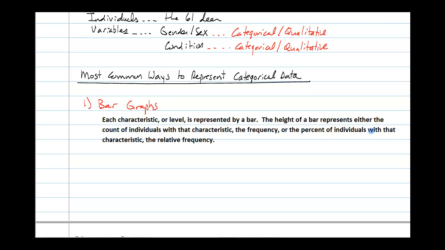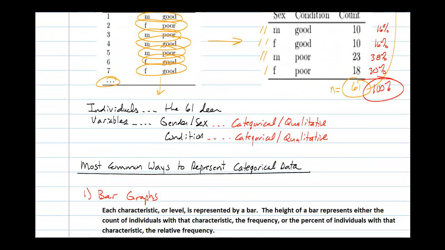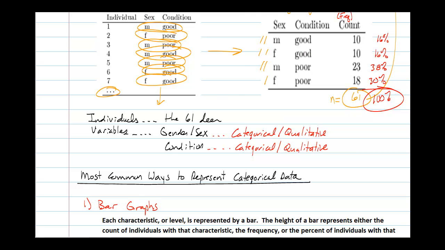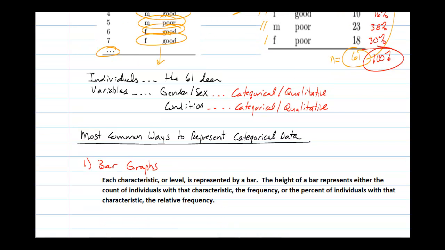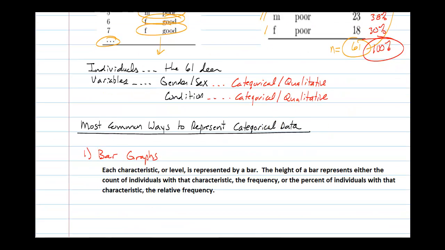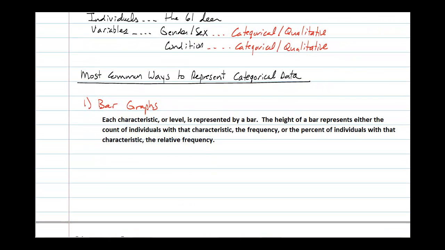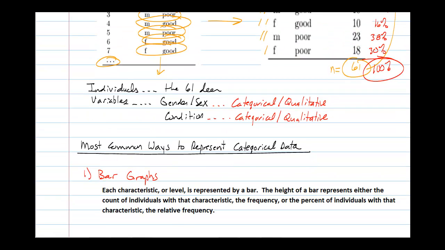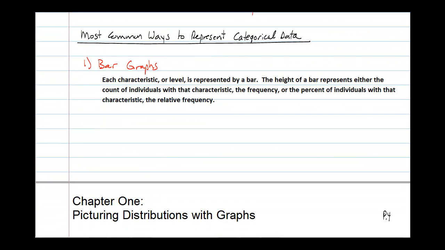The height of the bar represents either the count, the tally, like we looked at in this particular table, or the percent, also as we produced in this table, or the relative frequency. So a bar chart for the data that we just looked at could be one of two types of bar charts. It could give gender, male, female, or it could talk about condition, and the two different types of condition that we could look at were good or poor.